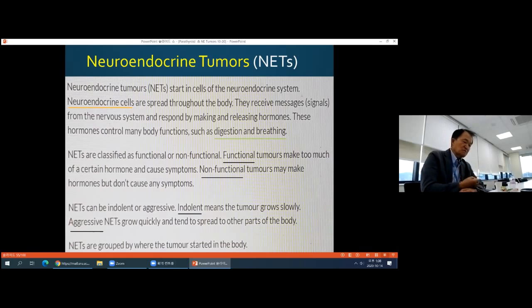It's slow growing, but it is never cured. And almost every case I have seen eventually metastasizes to the liver. So it's a multiple organ environment and multicentric.